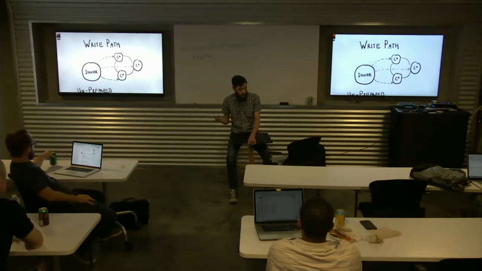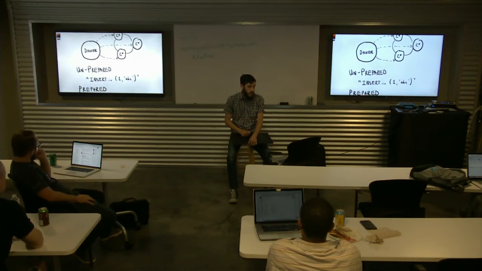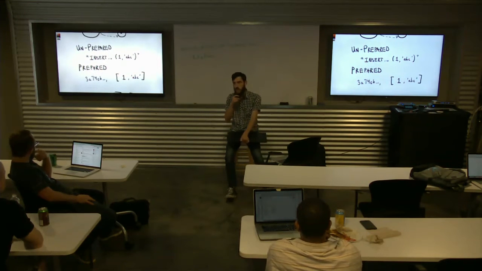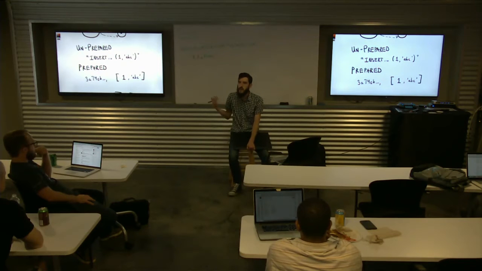So the driver picks out a node that it wants to send the query to, and then it needs to send the message. So what is it actually sending? There are two styles of messages that the driver can send to Cassandra: unprepared statements and prepared statements.